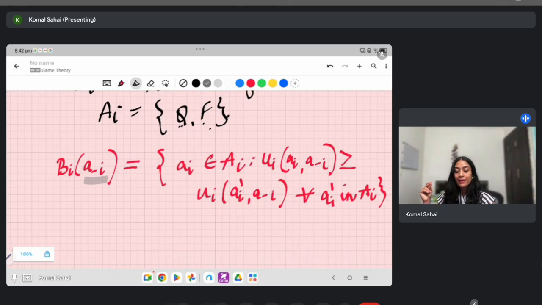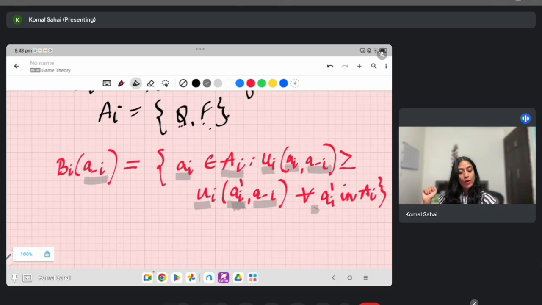So this is giving that this function is an action AI from the action set of player I, such that the utility that player I derives from playing AI, given that the other player is sticking to A minus I, is at least as much as the utility that is derived from playing any other action, given that the other player is choosing still A minus I. And this should be higher than any other action, है ना? तो यही लिखा है कि for this is the symbol of for all, right?